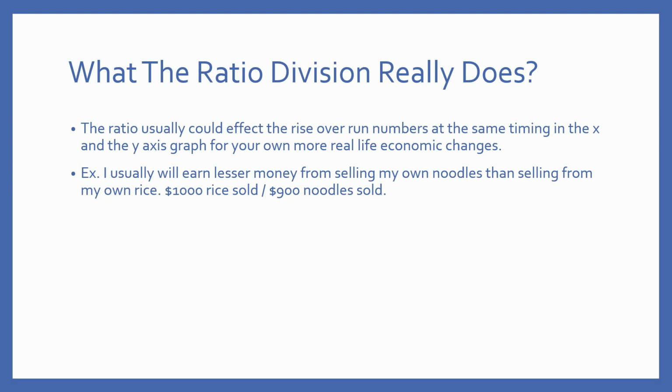What's the ratio? This time I should use the calculator on my cell phone, because I'm tired of not knowing the exact answer in real life. So I usually earn on rice a bit more, it's 111% around.